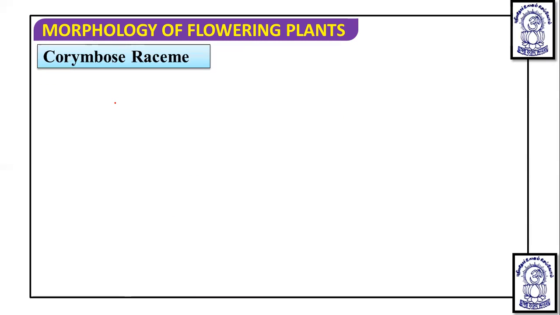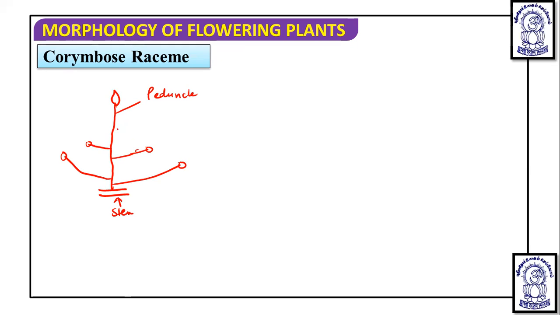If it is a corymb, then it should have varied length. And if we are talking about raceme, then it should be arranged in an acropetal pattern. Suppose this is a stem and this is a peduncle. On the peduncle the flowers are arranged, but the lower flowers have a long pedicel compared to the upper or younger flowers.